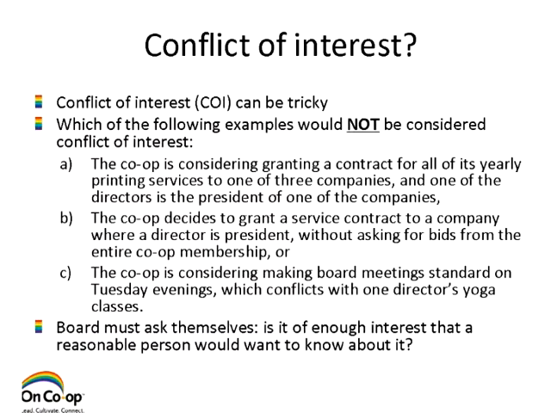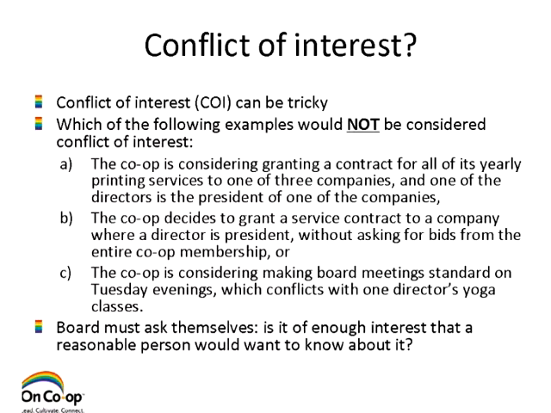And so a lot of this comes down to, is this issue that I'm faced with as a director around conflict of interest important enough that a reasonable person would want me to disclose it? And in the case of, if we're talking about granting a fairly significant printing contract to someone, if the board was responsible for that decision, you'd want to disclose that a director on the board had a personal interest in that.